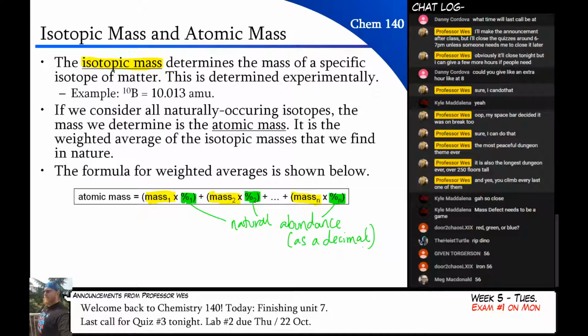Importantly, we want to write that as a decimal for the equation to work. And then finally, the atomic mass shown here is the average mass that is shown on the periodic table.